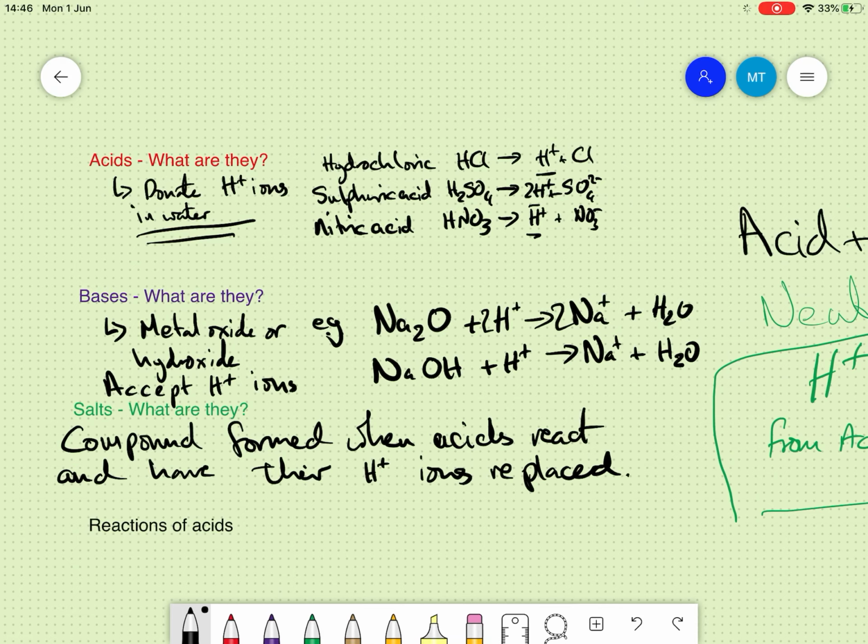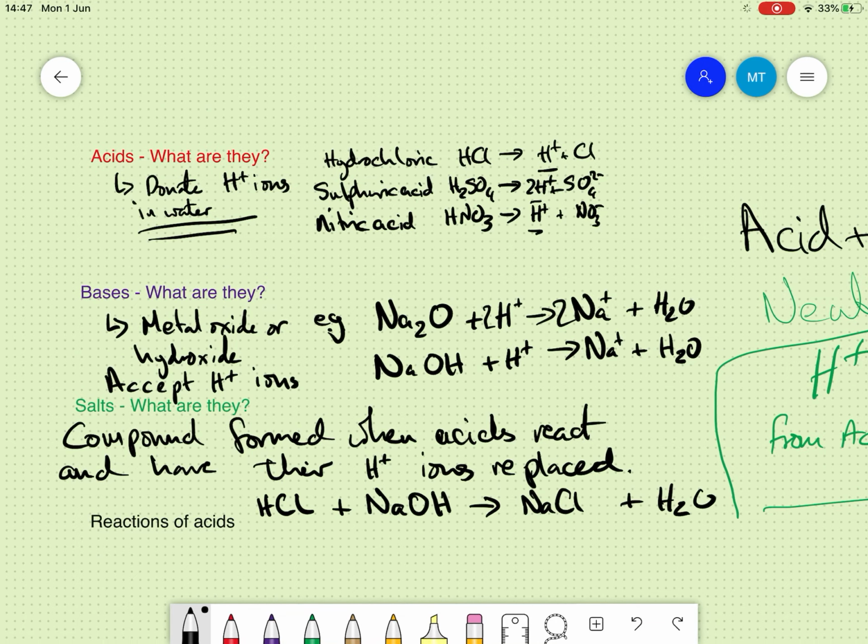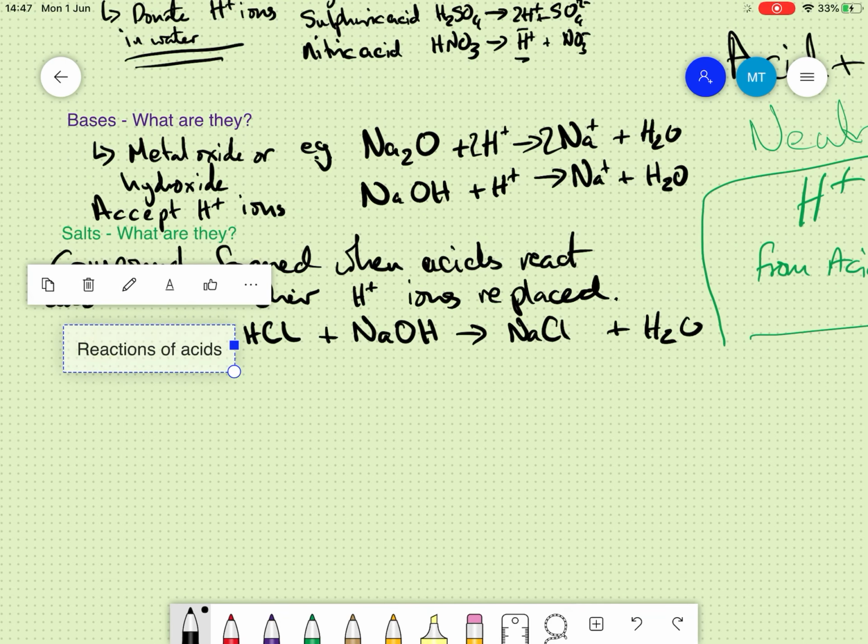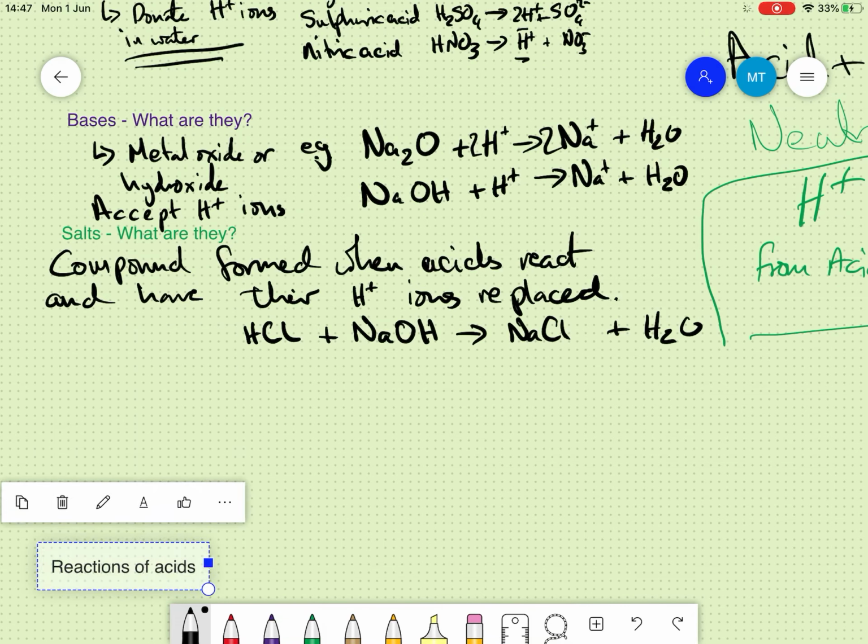So if HCl is our acid and we react it with sodium hydroxide, we end up with the salt sodium chloride plus water. So this is our salt. And what's happened is the H plus there has been replaced by sodium.